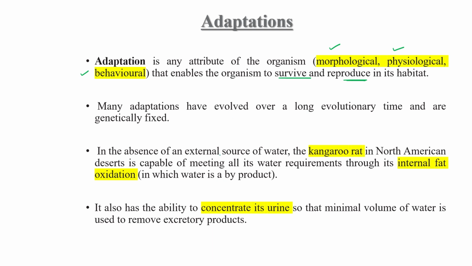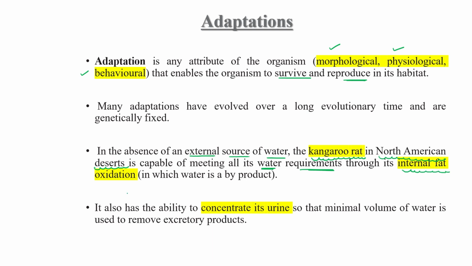In the absence of an external source of water, the kangaroo rat, which is normally found in the North American desert. Desert means very less water is there, right? So it is the main mammal present in the North American desert, and it is capable of meeting all its water requirement through its internal fat oxidation process.